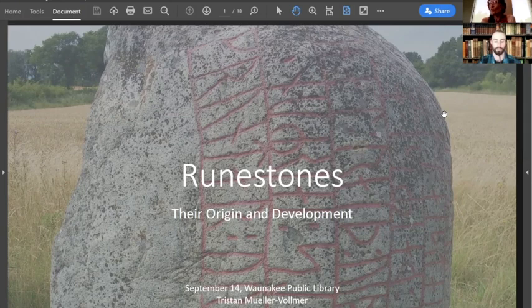In addition to personal names and runology, he's also interested in language change and cultural contact in the Nordic region, and the mythology, religion, and visual culture of pre-Christian Scandinavia. He is also an author, and the book is called The Vikings, Facts and Fiction, which explores 11 popular misconceptions about the Vikings. And I should also mention that Tristan spent the last year in Sweden.